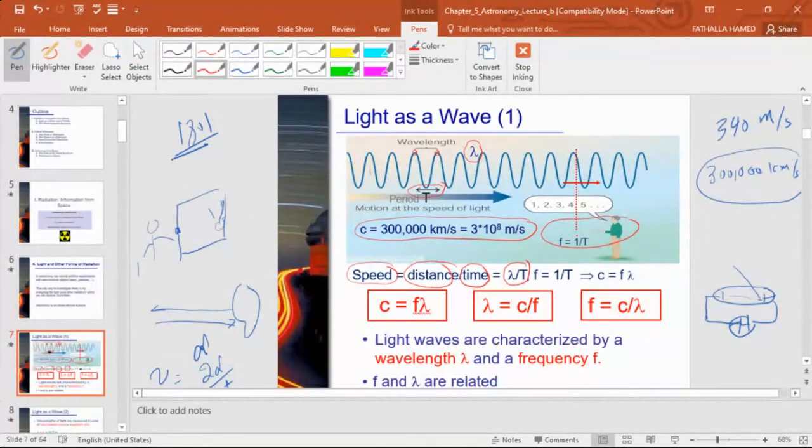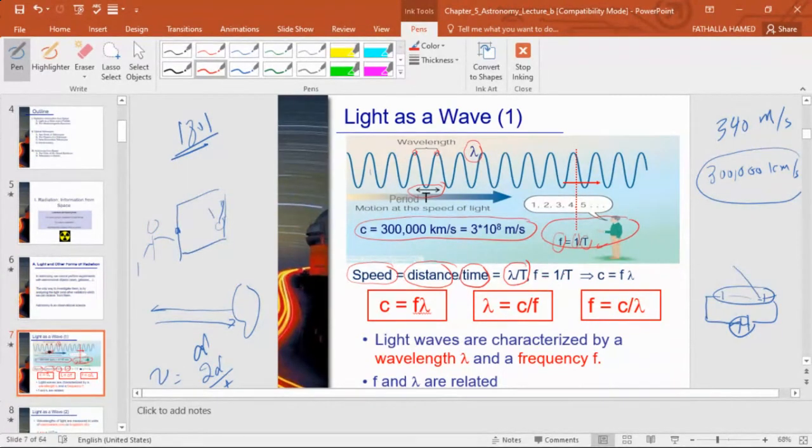So you take the 1 second and divide that by the period, that will give you the frequency. So if we know the number of wavelengths that pass us in 1 second, that means how frequently we see this in 1 second, and that's now known as the frequency, and it's given the unit hertz, honoring Hertz, who was working on this.